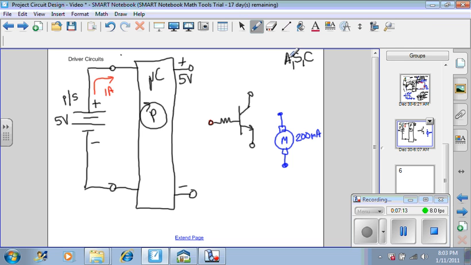Now, in your electronics class, you probably focused a lot on the active region because you were focusing on using the transistor as an AC amplifier. And you didn't talk too much about the saturation and the cutoff region. But in digital circuits, the saturation and the cutoff region is the primary focus.